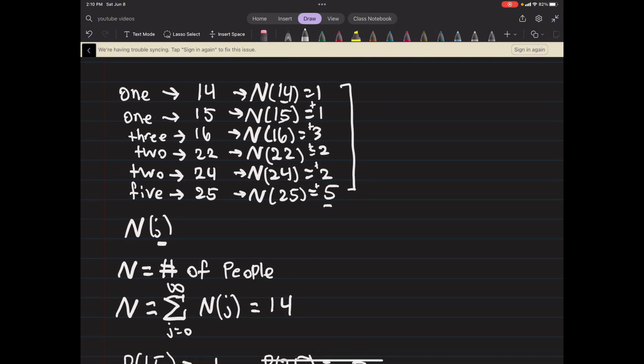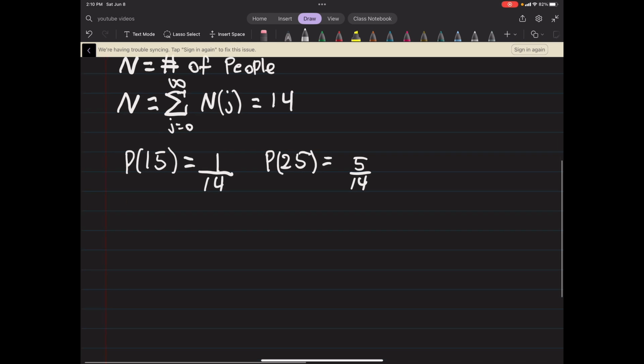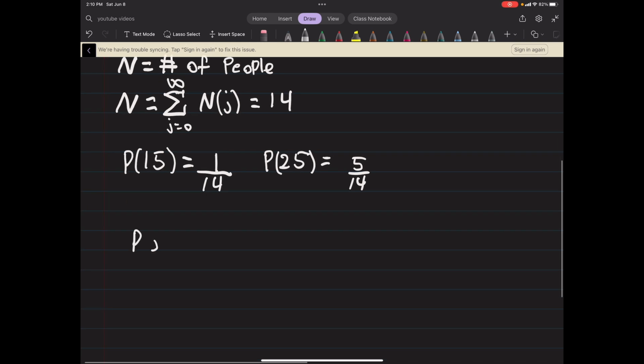And you could do that with all the different numbers. So the probability that you find somebody age j is the number of people that are that age divided by the total number of people in the room. Okay?